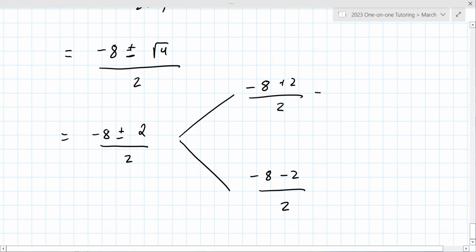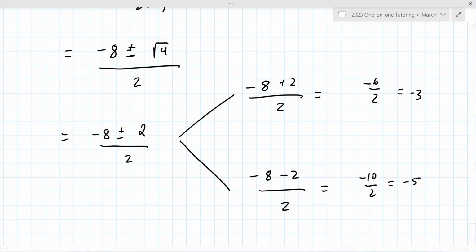Yeah, and that's that. So you add the tops here: -6 over 2, -10 over 2, -3, and then -5. All right, we got that one.